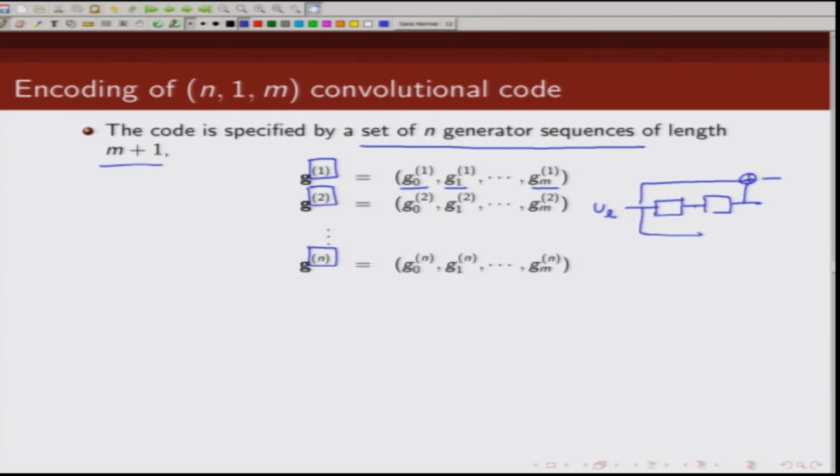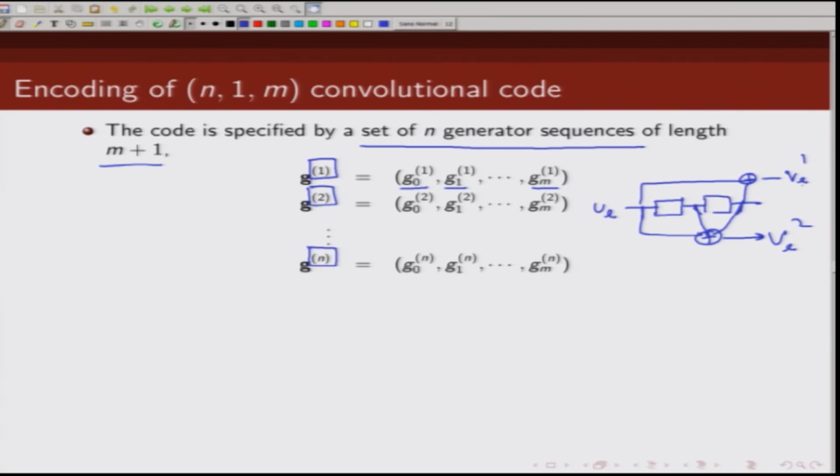Let us say this is my example that I had, this was my vl1, this was my vl2. Note that these interconnections specify whether a particular bit is participating in the output code sequence or not.